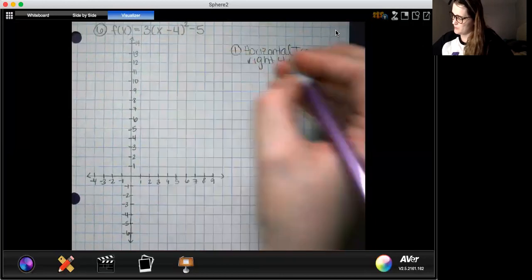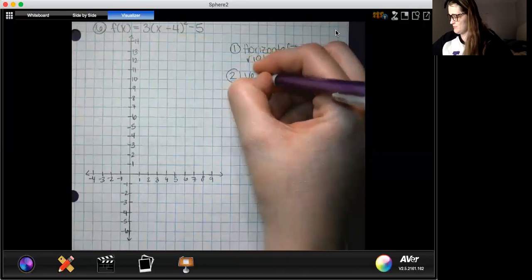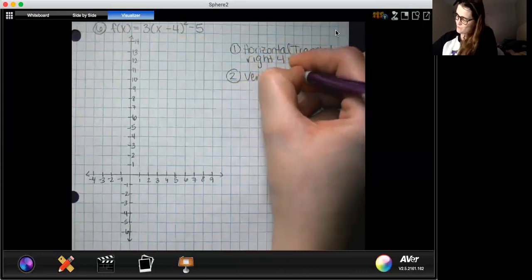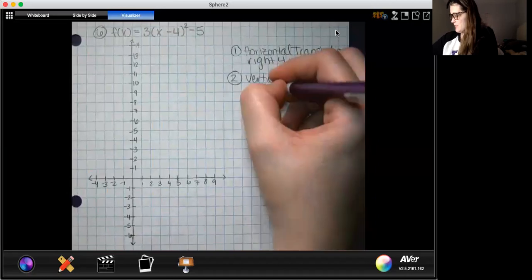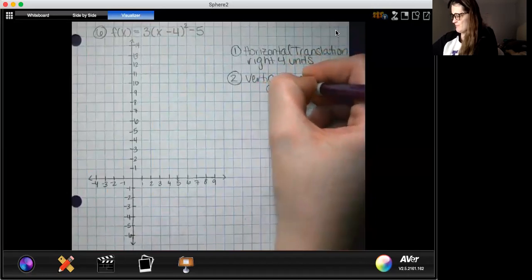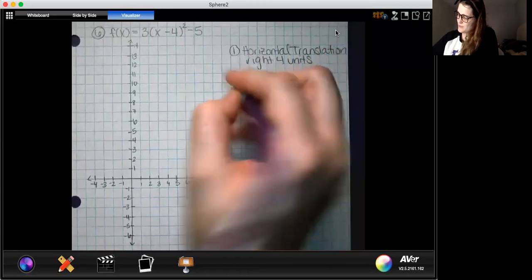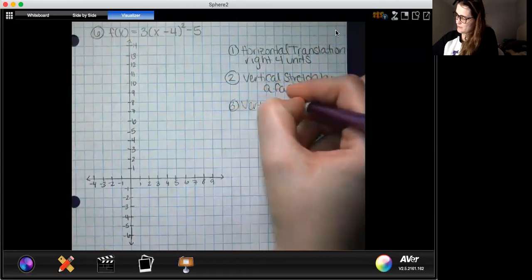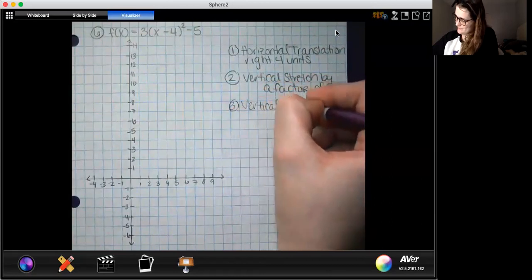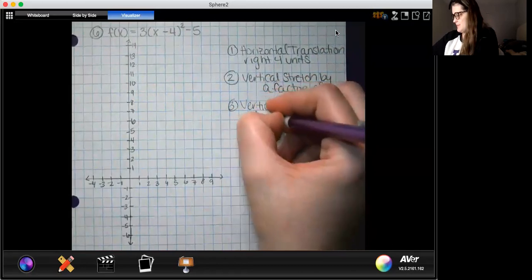Then number 2 is going to be a vertical stretch by a factor of 3. And then our last one is going to be a vertical translation down 5 units.